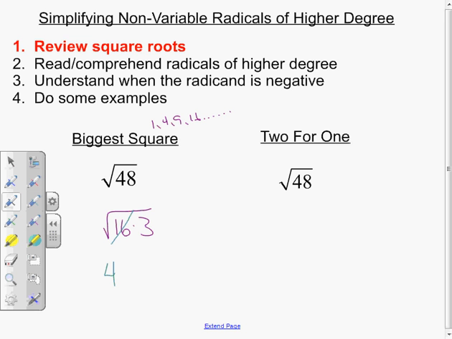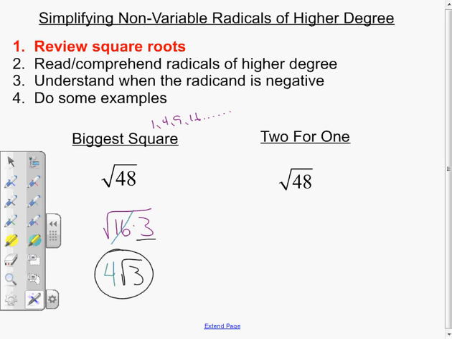And I can't simplify the square root of 3, so I write the square root of 3, making the answer 4 times the square root of 3. Now this process, if you notice, it's just 2 steps, and it's a process that we want you to be good at when you are simplifying square roots. It's really the preferred method because it's so quick.